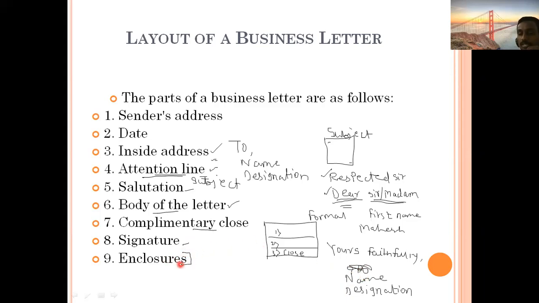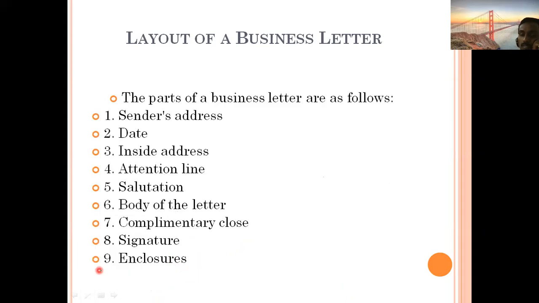And what is this last one? Enclosures. What is this enclosures? You're finished with the signature. You finished your letter. Thanking you and all this part is of the letter only. After the letter, after sign, it comes at the end.